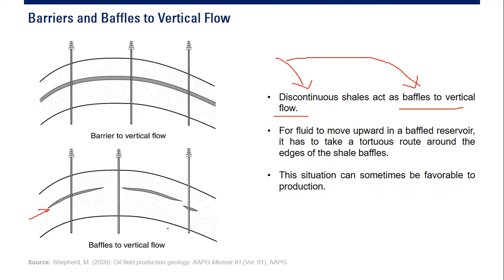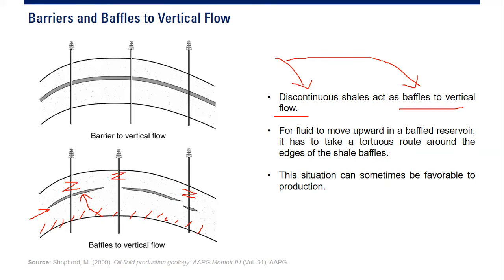Why? Because of course, usually we have more water here. Okay, more water there. And suppose we have a perforation here. It's a good thing to have a baffle here because when the water rises and wants to reach the perforation, it cannot go directly that way to reach the perforation.